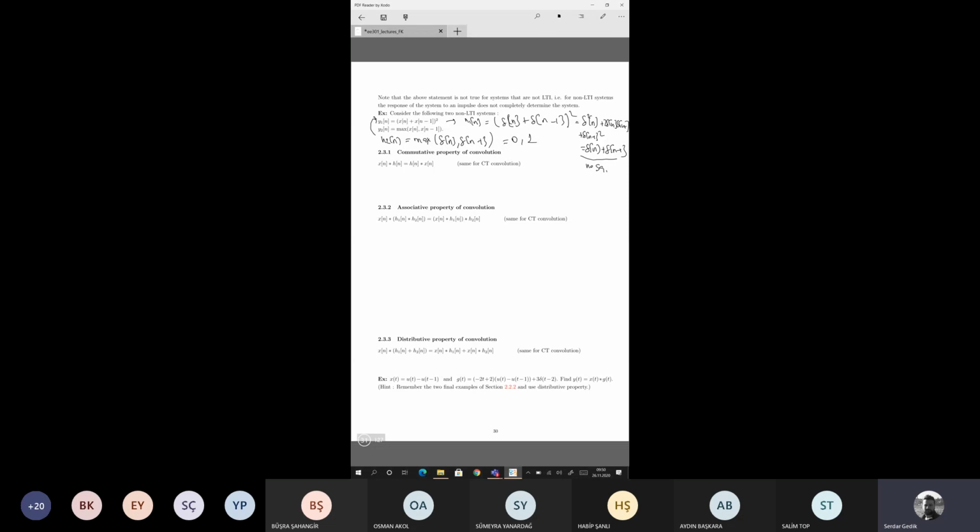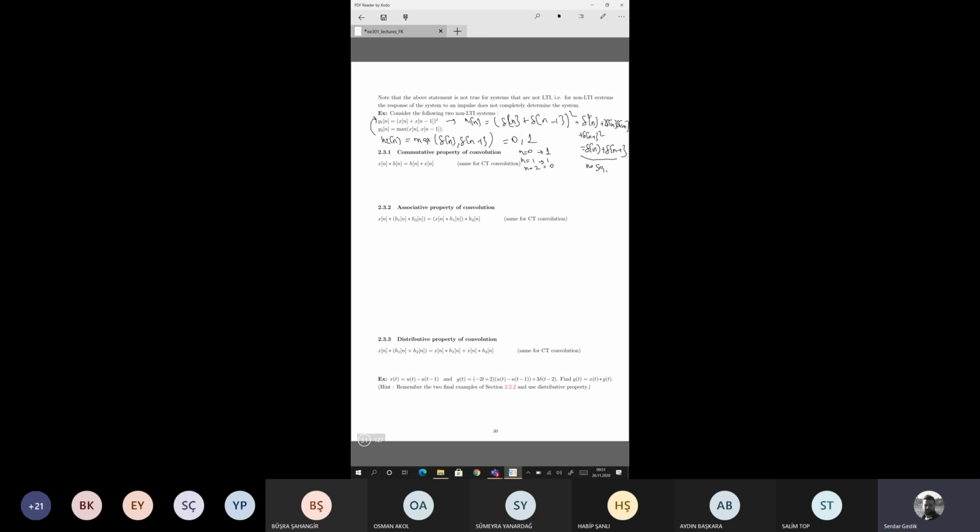So this result is either 0 or 1 depending on the n value. For n equals 0, this is 1, so h2[n] is 1. For n equals 1, it is again 1. For n equals 2, it is 0. So again, as with the original system, this h2[n] is not characterizing my system.